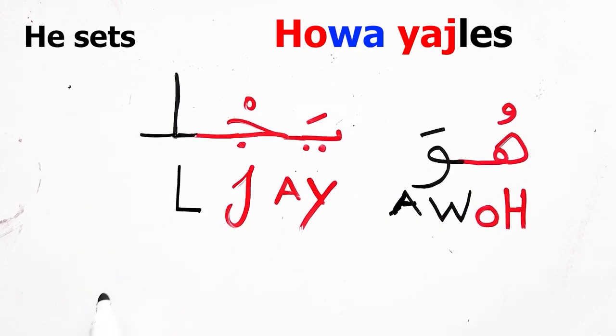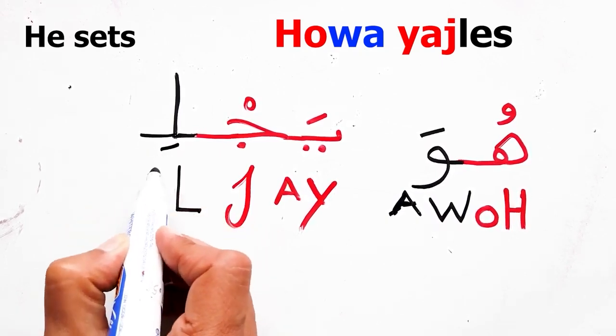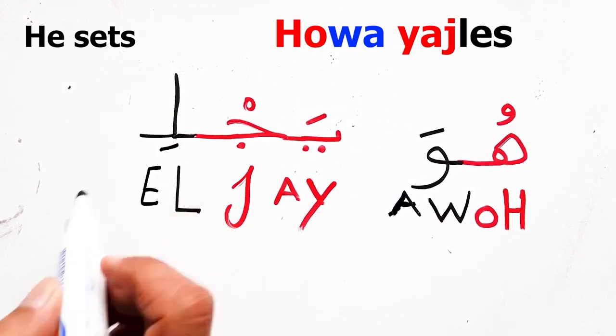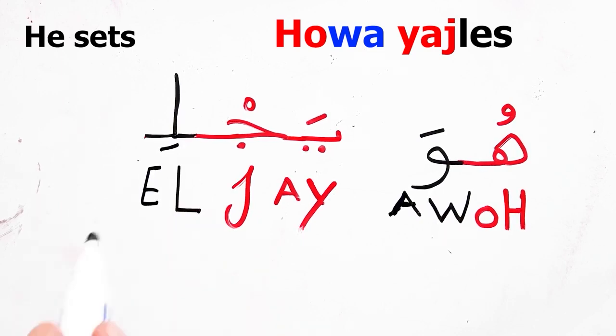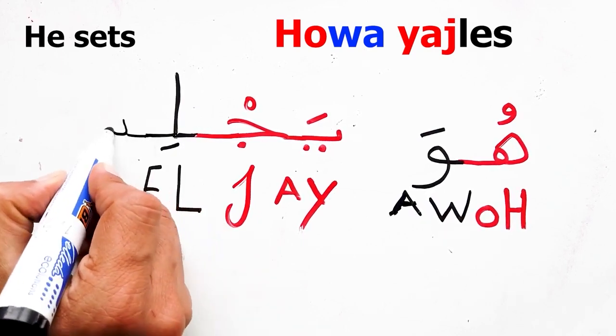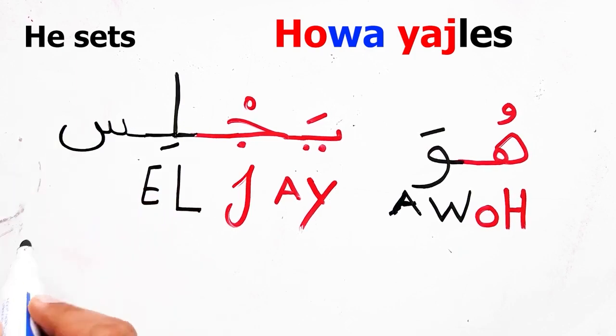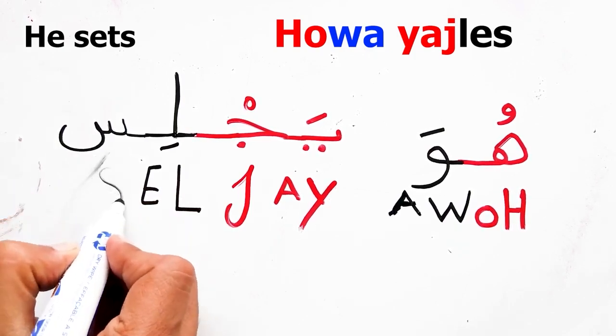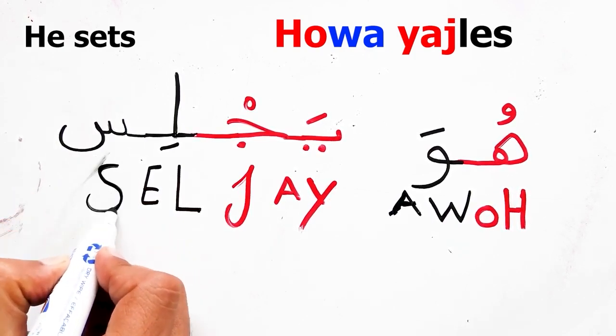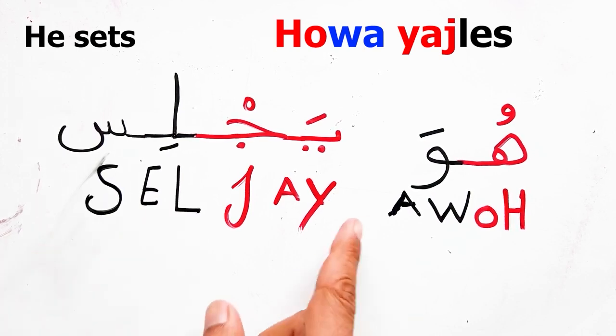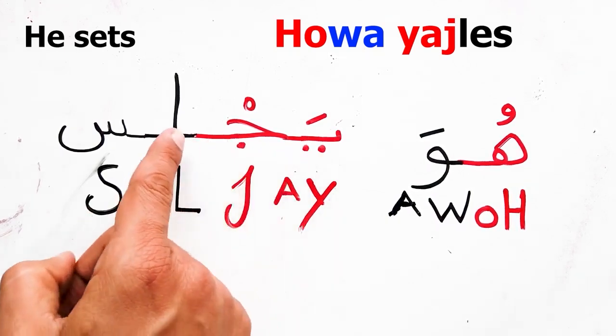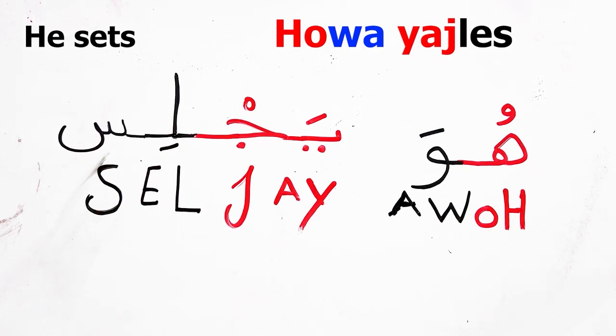Let's add it here. And then I say li, the sound of E. Li. Yajlis, the sound of S in the end. This letter sin sounds like S. Let's add it in the end. يجلس. هو يجلس.